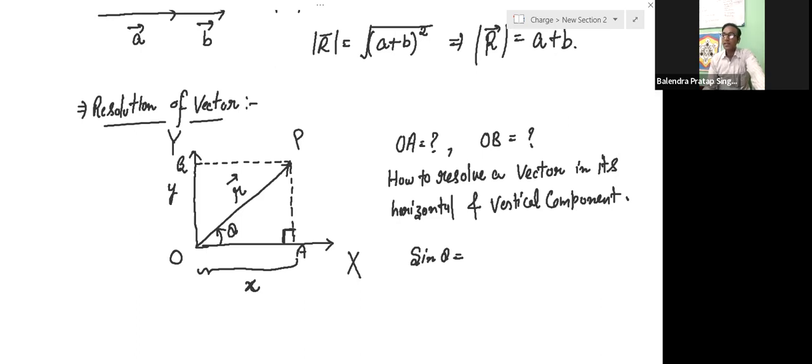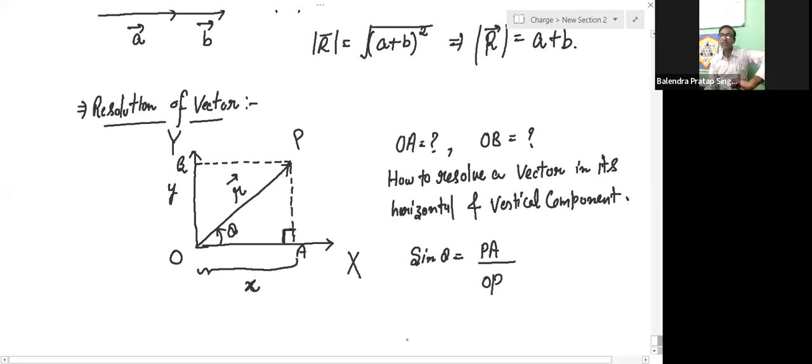Sine theta is the perpendicular, which is PA, divided by the hypotenuse, which is OP. So sine theta is equal to PA, the perpendicular, upon OP, the hypotenuse. Is it clear?